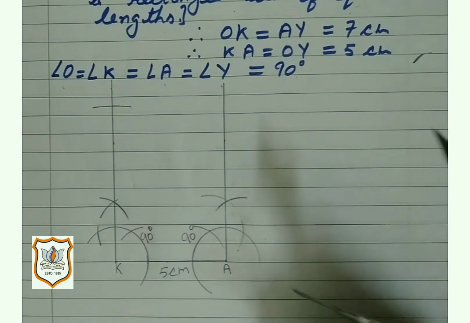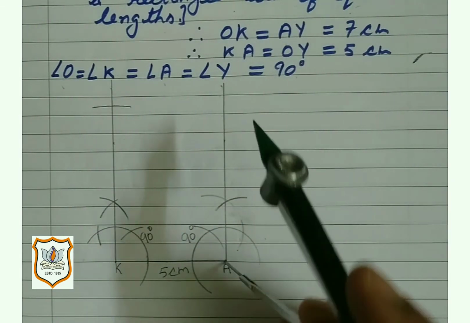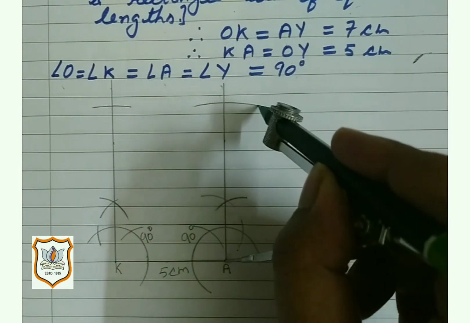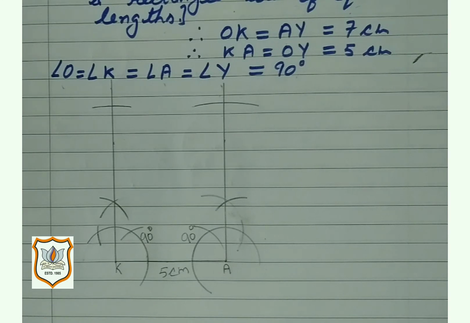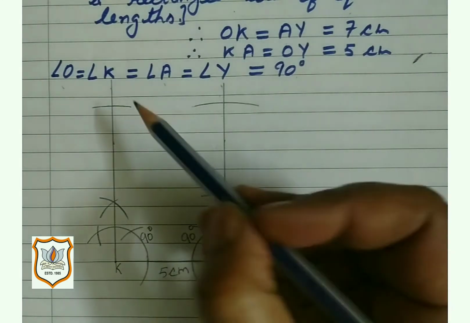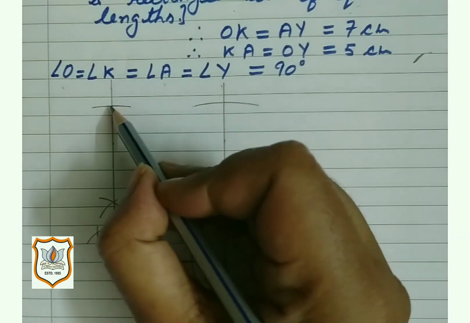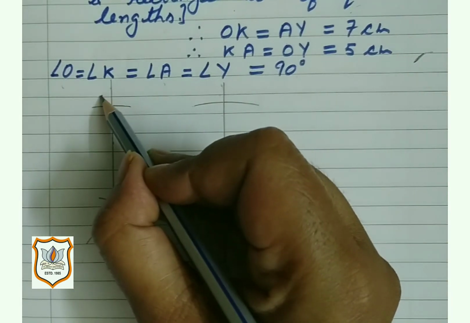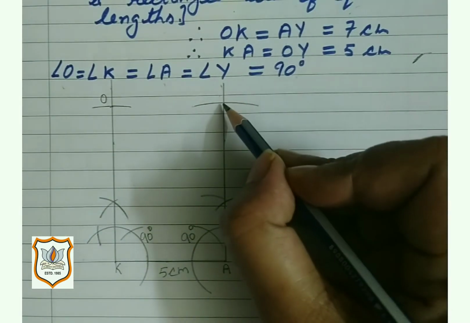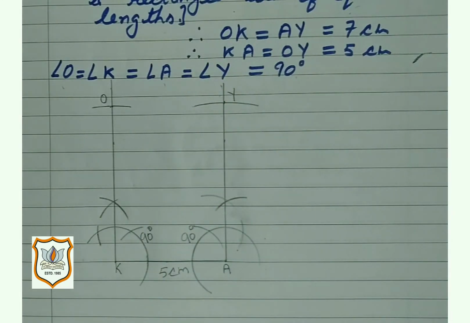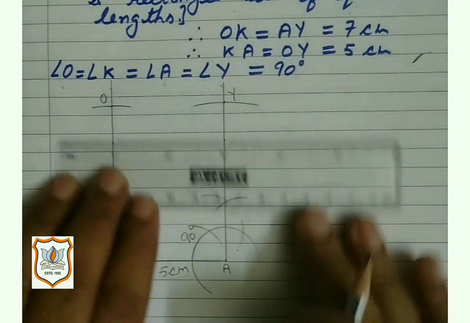And we take A as a center and we cut the line of this 90 degree angle. Students, this arc cuts this line at point O. So this is O and this is Y. Now we will join point O and point Y.